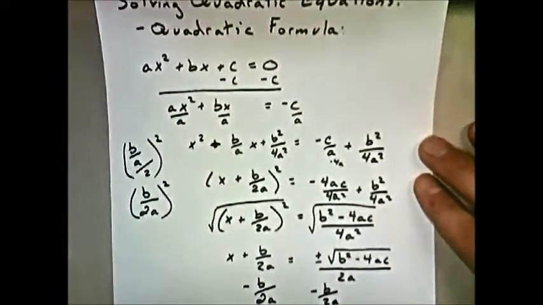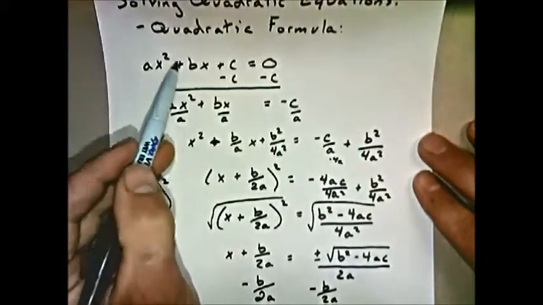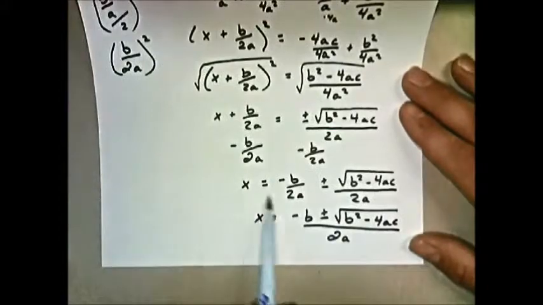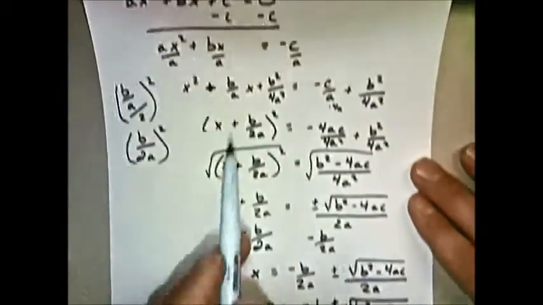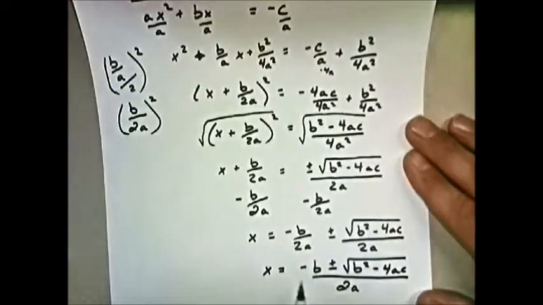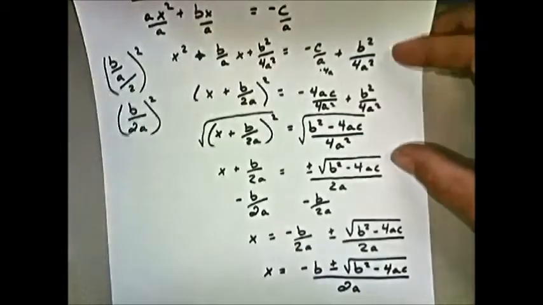Well, remember, at the beginning we said that a, b, and c were just numbers. So if I have a quadratic equation set equal to 0, I can plug it into this formula with just my a's, b's, and c's and figure out what x is. So let's look at an example where real numbers are going to come into play.